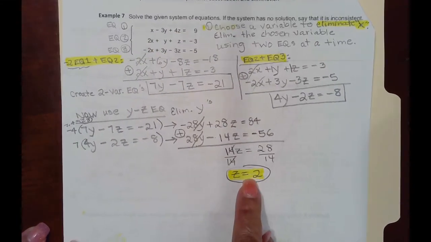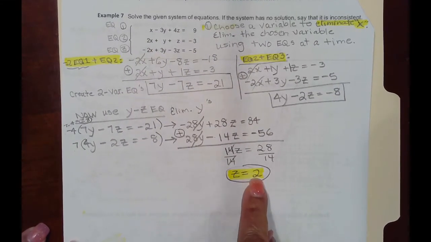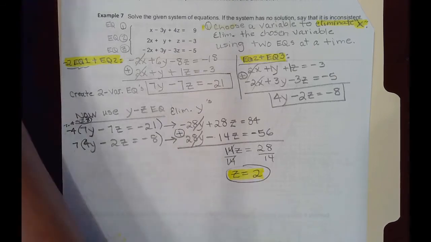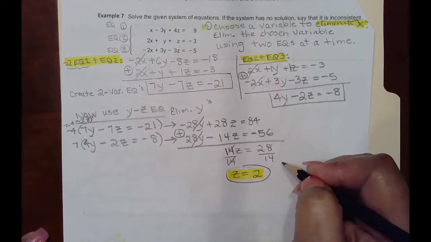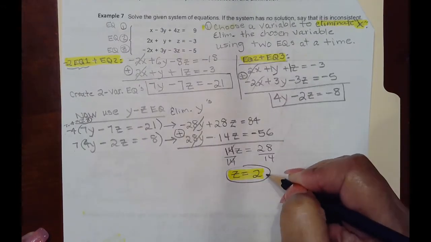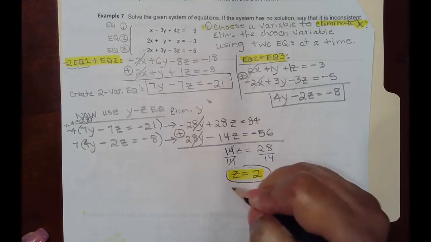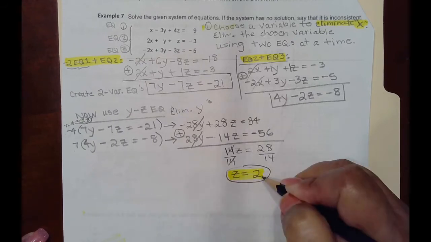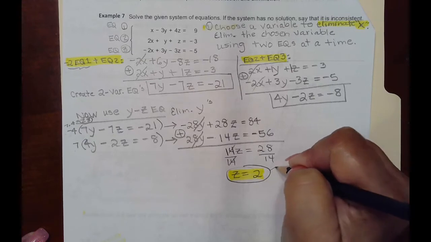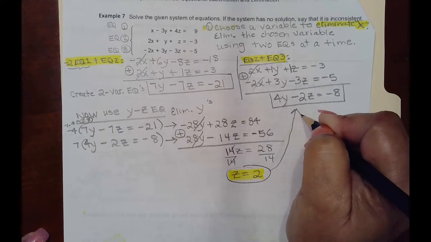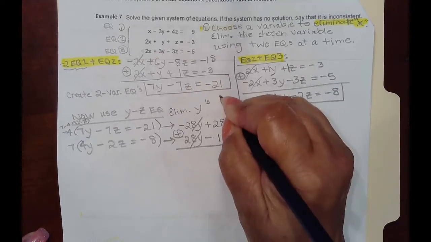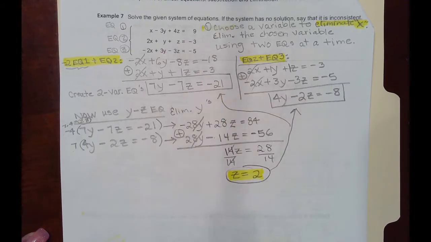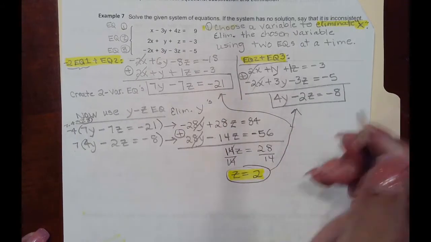You want to plug this in somewhere where after you plug this in, there's only one unknown. Therefore, you should be taking it to any equation that you created that has this variable so that you can plug this number in, but only one other variable. That would mean you could either plug it in here or you can plug it in there. So that's exactly what I'm going to do.